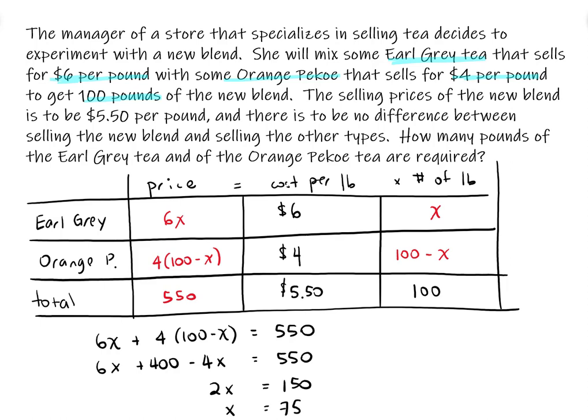What does this mean? X is 75. Well, recall that I put x over here. So that says number of pounds. So I'm going to translate that into word answers, and I'm going to say 75 pounds of Earl Grey.